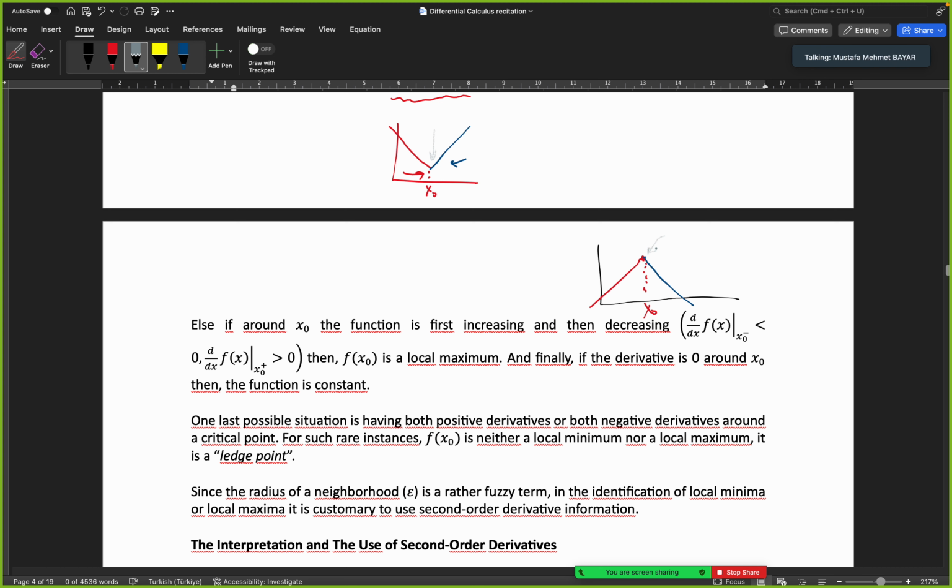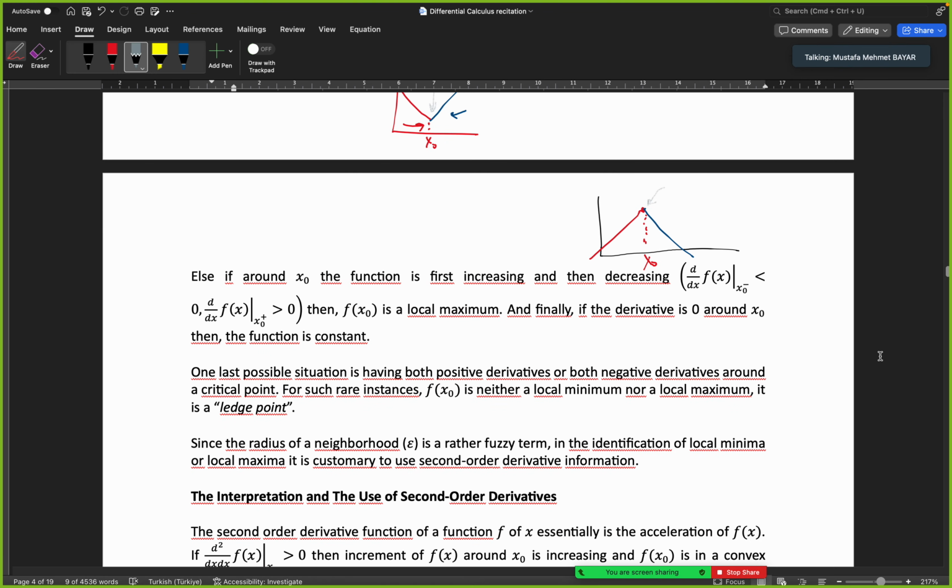But these are just kind of fuzzy terms. How much do you approach x0? By how much? That proximity metric is not given to you, and that's why this is just a little bit fuzzy.